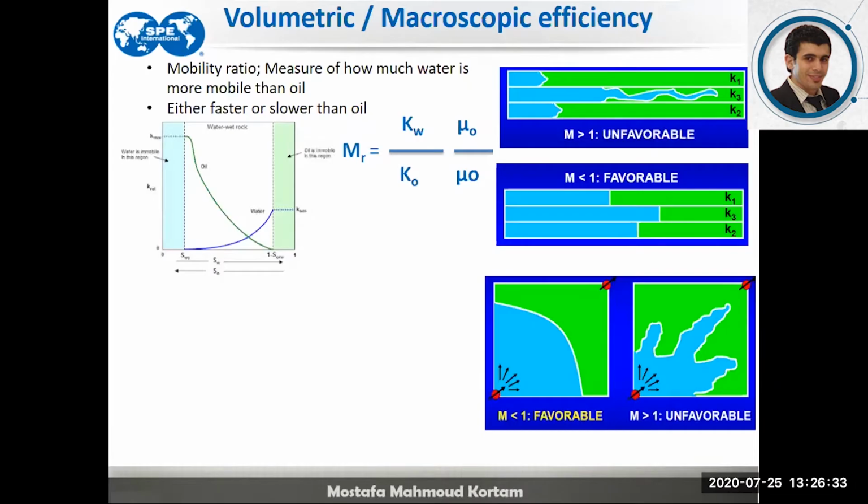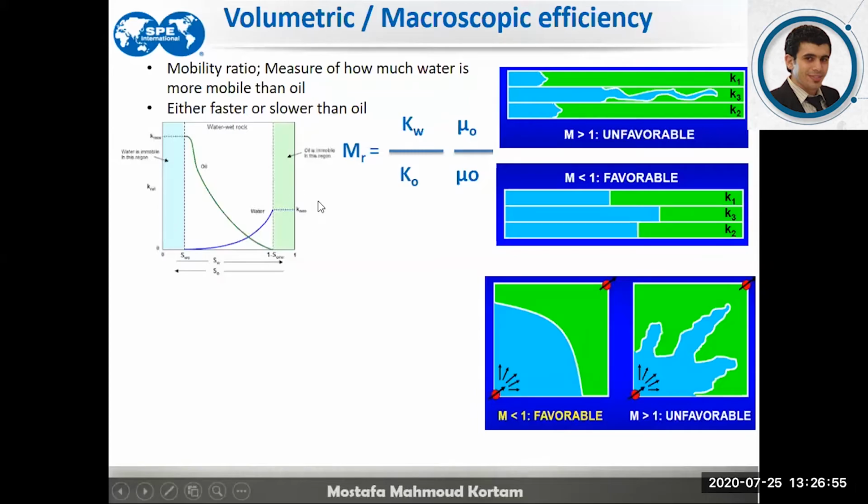To address each part in detail, here is what we call the volumetric or macroscopic efficiency, which takes place on the macro scale of your reservoir. The controlling element of this issue is what we call the mobility ratio.